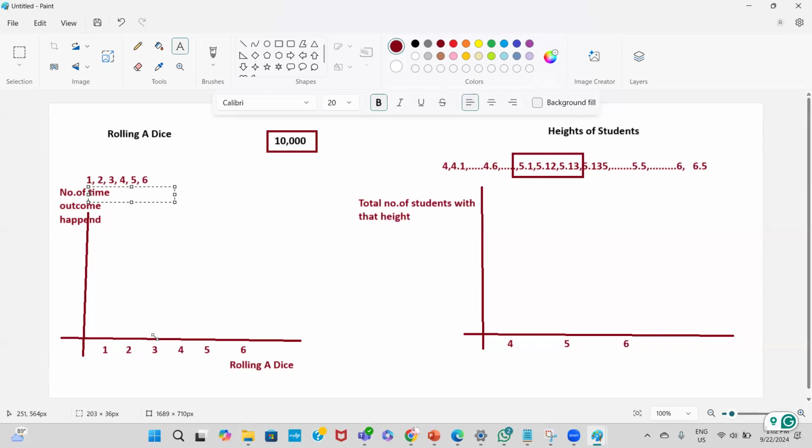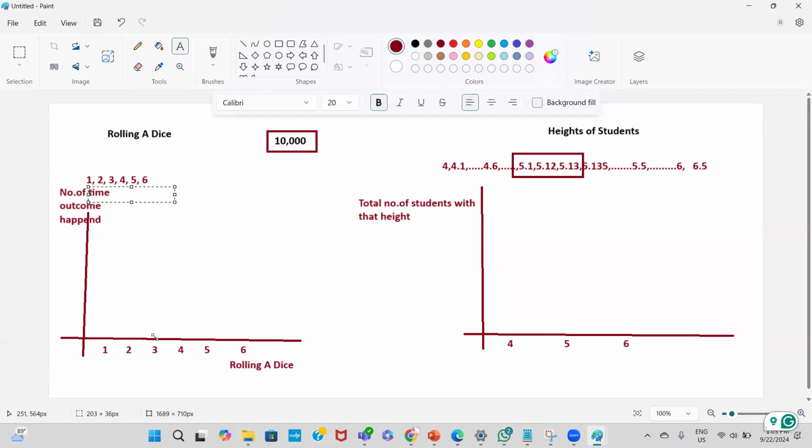When I roll a dice 6 times, what is the probability of one? 1/6. Of two? 1/6. Of three? 1/6. Every number has equal probability.